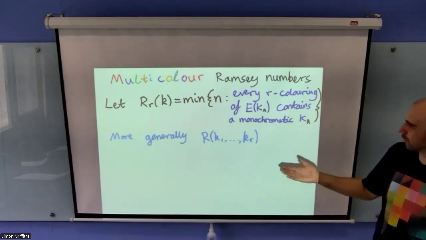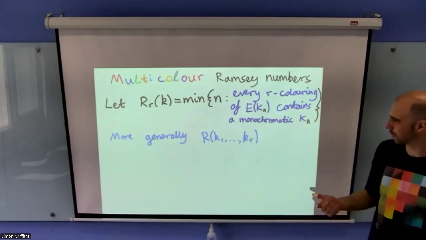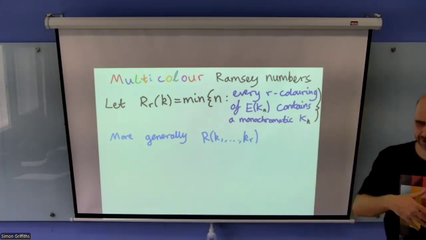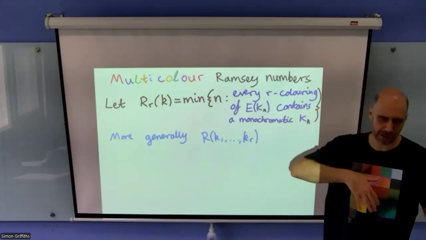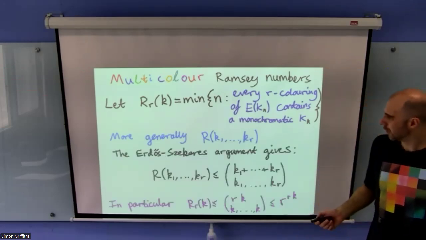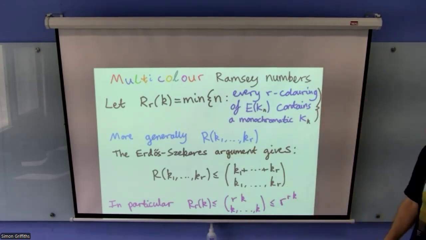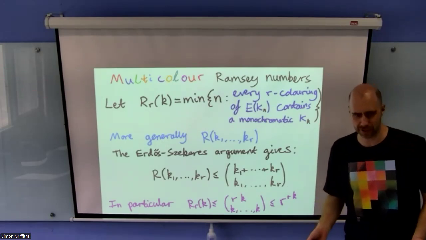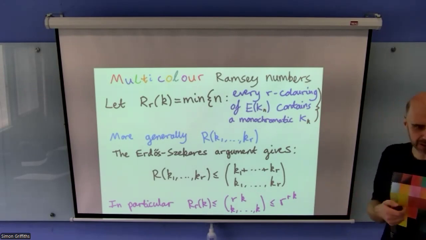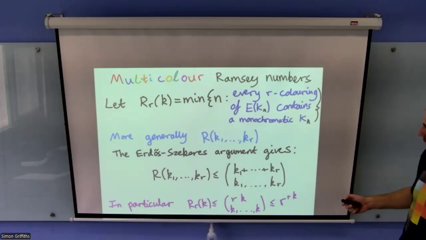Of course, more generally, you could write out a definition for R of K1 up to KR, in which you want to find some i, a clique of size Ki in color i. Right? A clique of size K1 in color 1, or a clique of size K2 in color 2, etc. If you do this, then actually you can get an upper bound on this quantity, exactly following the same Erdős–Szekeres argument that they used for 2 colors, and it gives you, instead of that binomial upper bound, K plus L choose K, the multinomial coefficients as an upper bound.